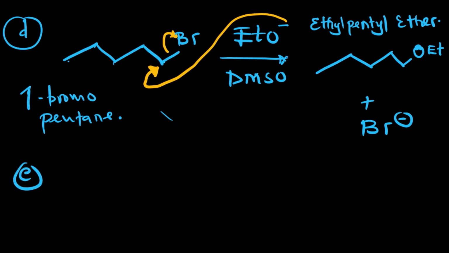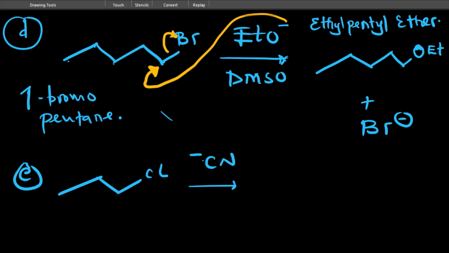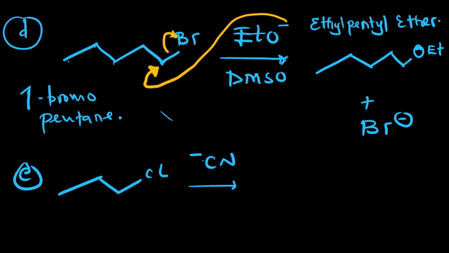E. If you have this alkyl halide there, and then you react it with a cyanide ion, how is the reaction going to take place? Okay, say there is THF here as a solvent. So this nucleophile will come and attack from the backside, and then this leaving group is going to go.